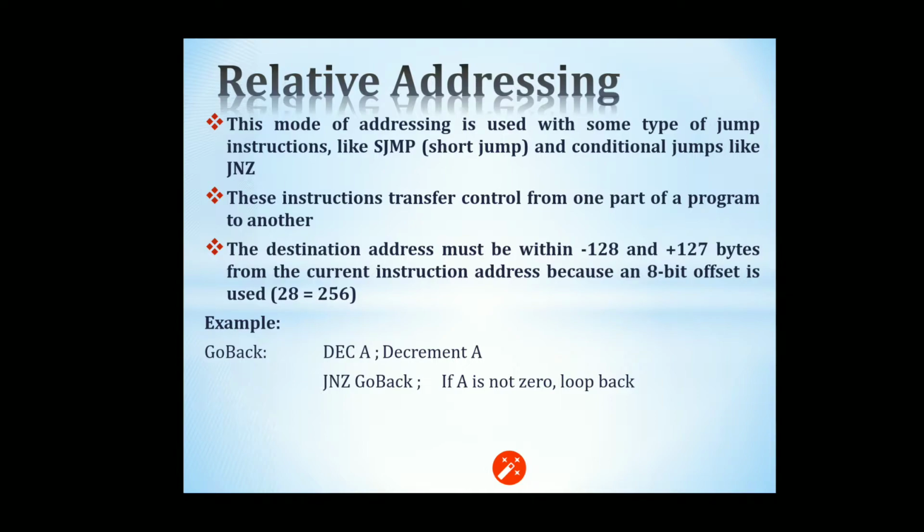For example, GOBACK is the label used for the particular addressing mode. DEC A decrements the accumulator. JNZ GOBACK: if A is not 0, then loop back to the particular label.